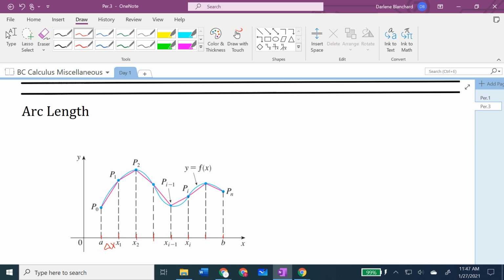So we're going to look at finding the distance between 2 points, any 2 consecutive points. And we're going to use a very, very famous, very well-known theorem to find this straight distance between 2 points.